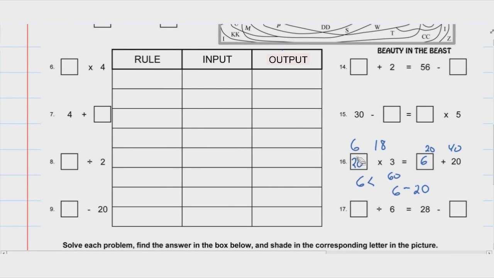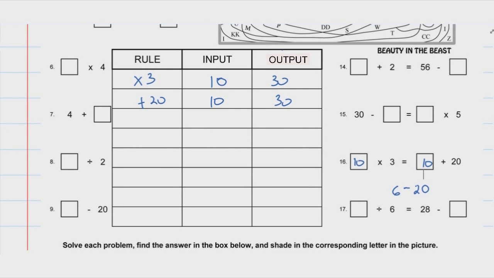And if I kind of just guess an easy one, let's just pick 10 because that's a quick one. We'll put 10 in our input-output chart right here and 10 here. That's actually a 10. And we say multiply by 3 and plus 20. 3 times 10 is 30 and 20 plus 10 is 30. What a guess! So we're going to put 10 right here and 10 right here.